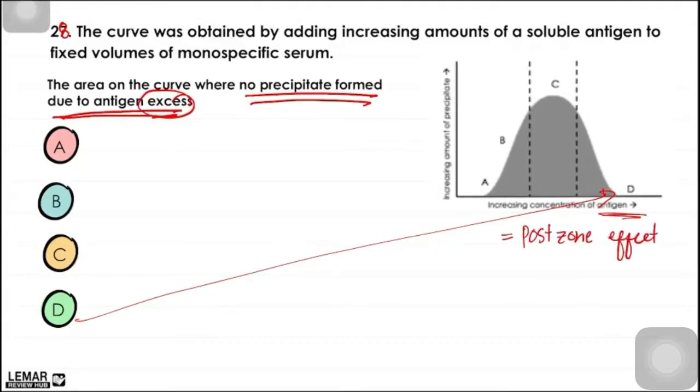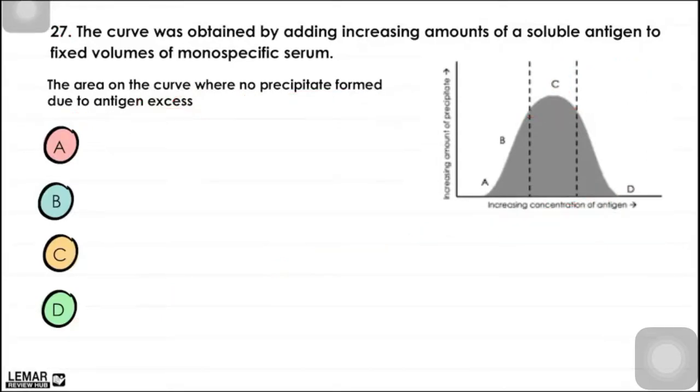What about C before we move on? This is the area of the curve where we say there is equivalence. Equal parts of serum and equal parts of antigen produce a significant amount of precipitate.